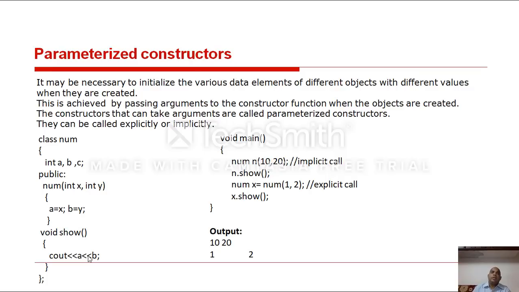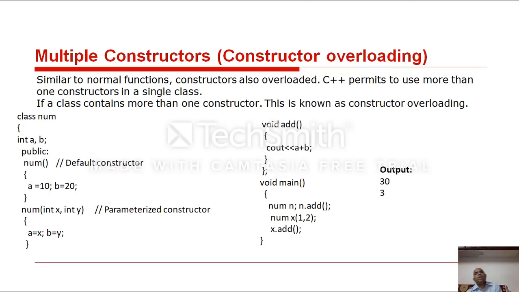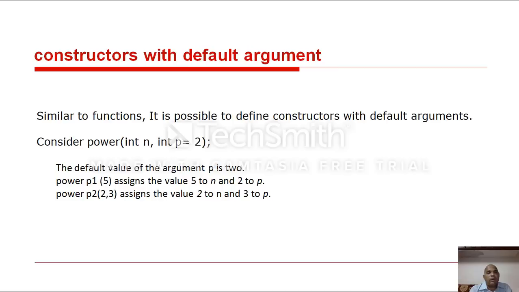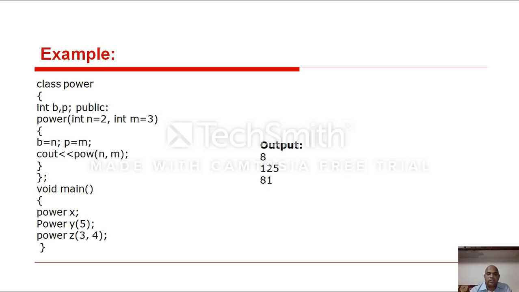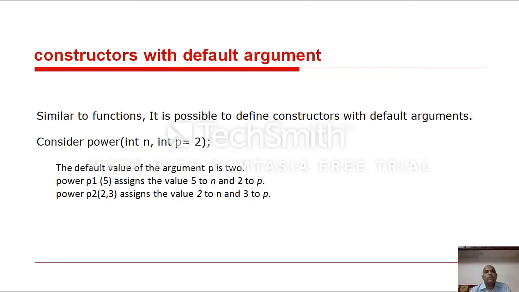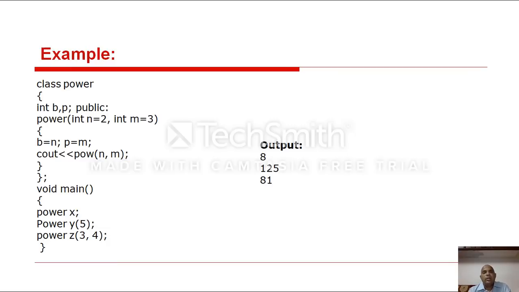The member functions need not be called through the main function. Then this is the example for parameterized constructor. Next class we will discuss parameterized constructors, multiple constructors or constructor overloading, then constructors with default arguments. Later we will discuss in detail.